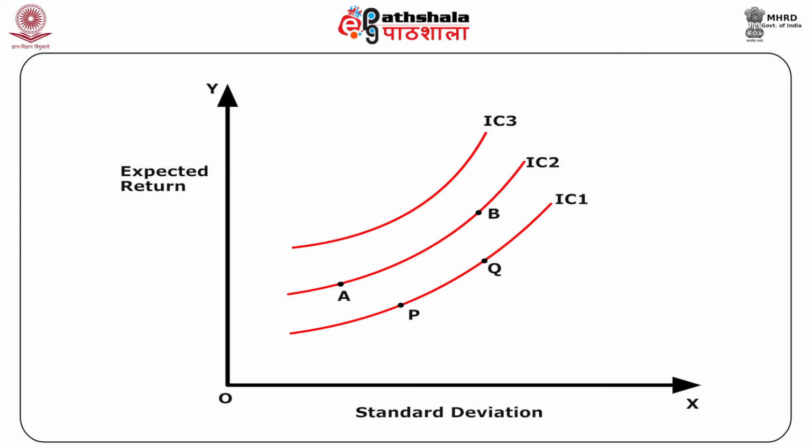Similarly, points A and B on IC2 also provide the same level of satisfaction. Also, each successive indifference curve moving upwards from right to left gives a higher level of satisfaction. Therefore, IC2 is higher than IC1 and IC3 is higher than IC2, and so on, and the level of satisfaction keeps on going up.